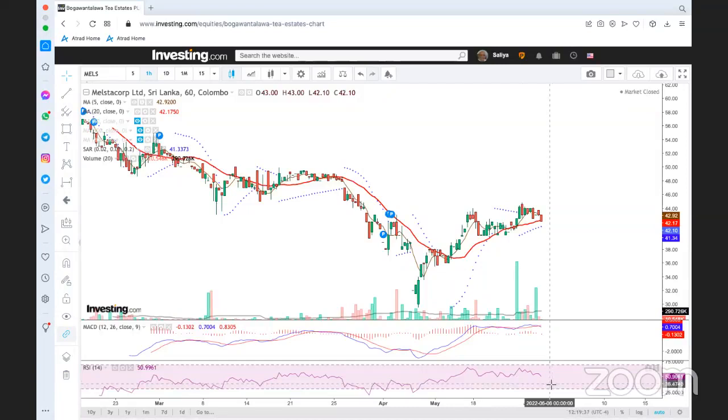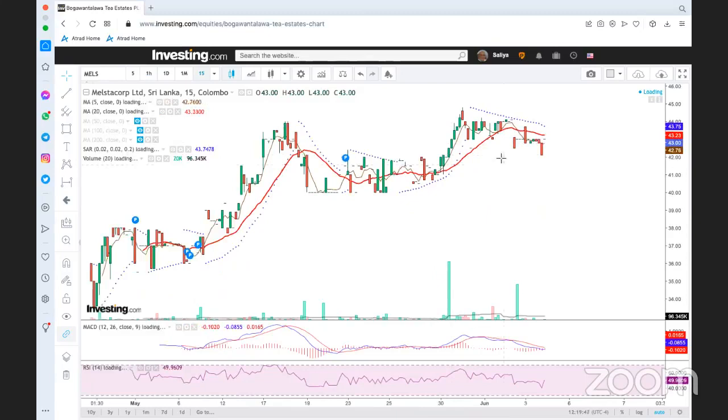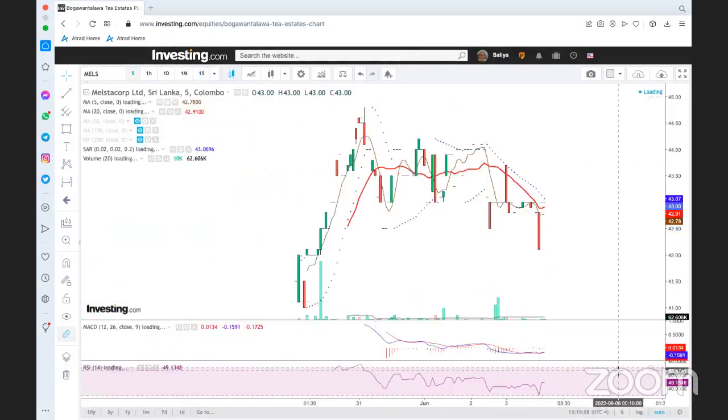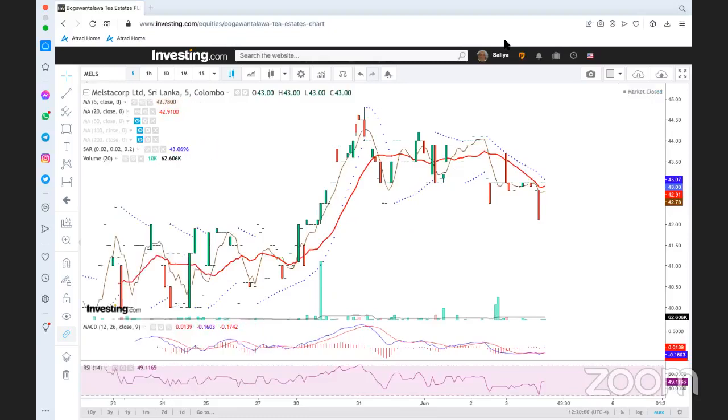RSI is retracing. PSAR is of course below the price line. The 15-minute chart is like this. So if you are a believer of Mailstar, then you have to wait for the 15-minute chart or the 5-minute chart, and take a trade on it.